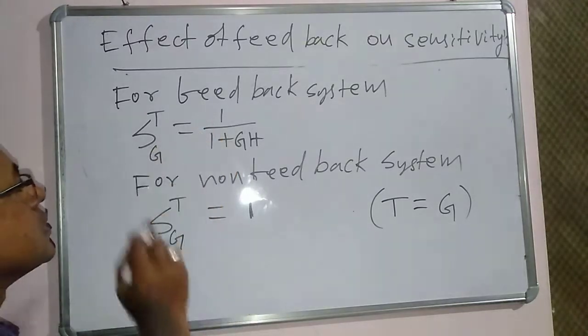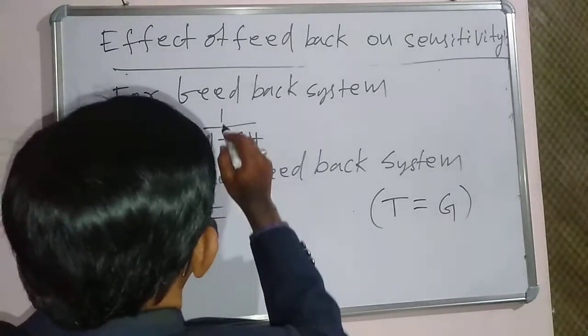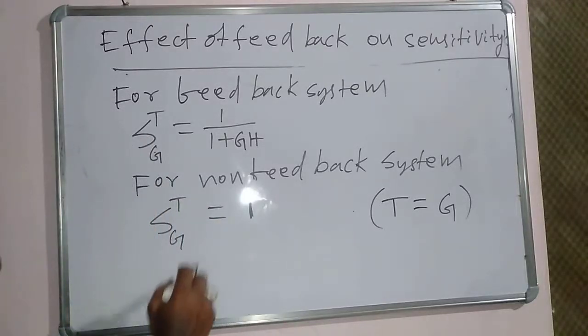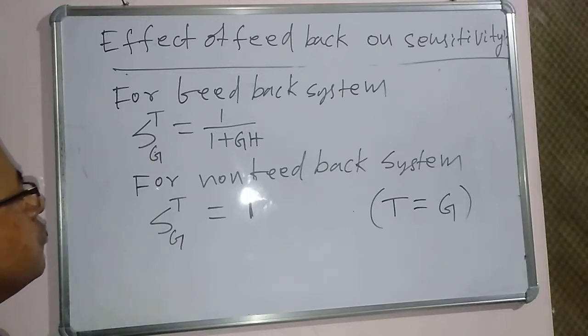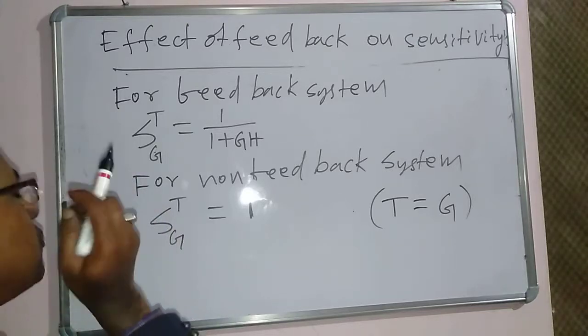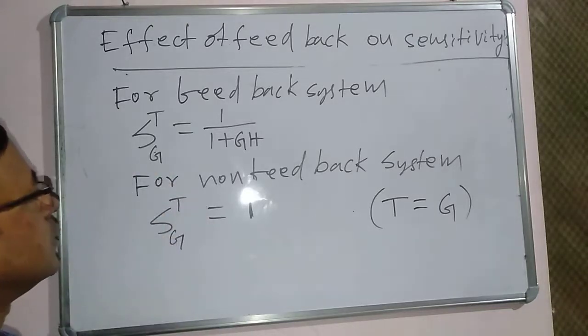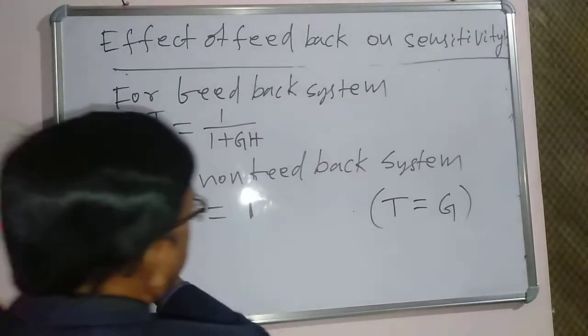But for a feedback system, the sensitivity is reduced by a factor of 1 plus GH, because here 1 by 1 plus GH is divided by 1. Therefore, the sensitivity is very less compared to a non-feedback system. This proves that the sensitivity reduces in case of a feedback system.